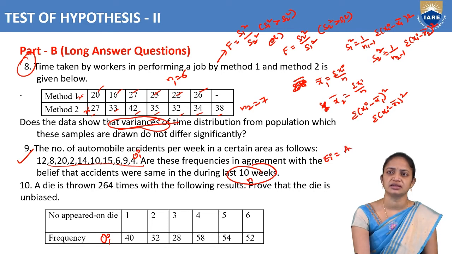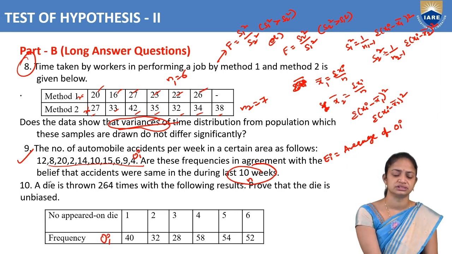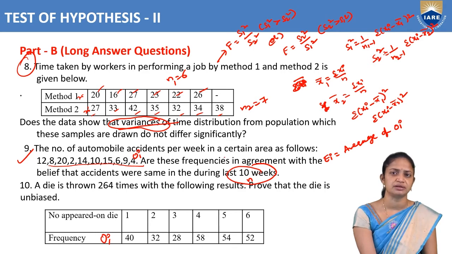The expected frequency is the average of the observed frequencies: 12 plus 8 plus 20 plus 2 plus 14 plus 10 plus 15 plus 6 plus 9 plus 4, divided by 10. That is the expected frequency. The formula is chi-square equal to summation of (y minus ei) whole square by ei. That is our 9th question procedure.